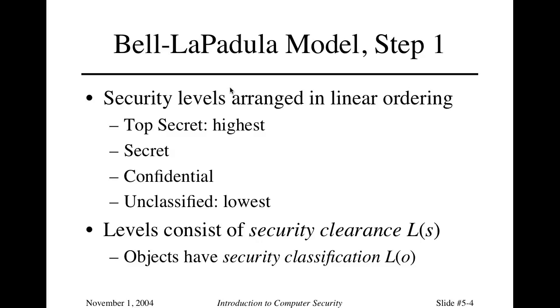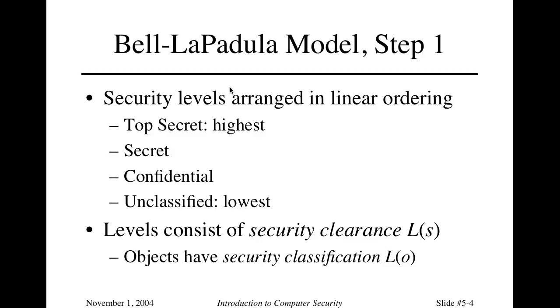We consider four levels of security from the highest level to the lowest level: top secret, secret, confidential, and unclassified. We can assign the secret levels to both object and subject.